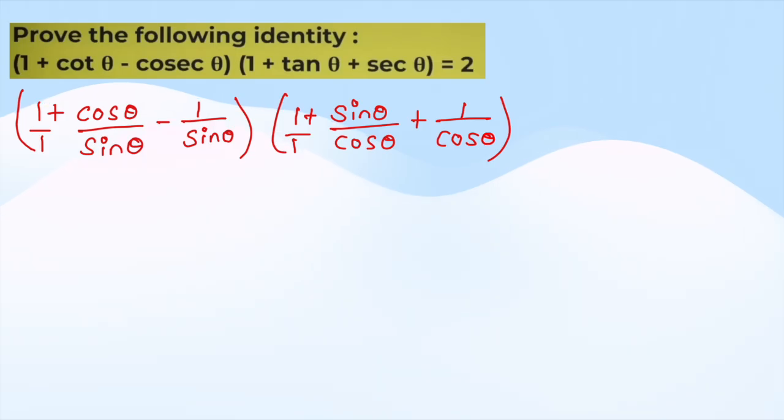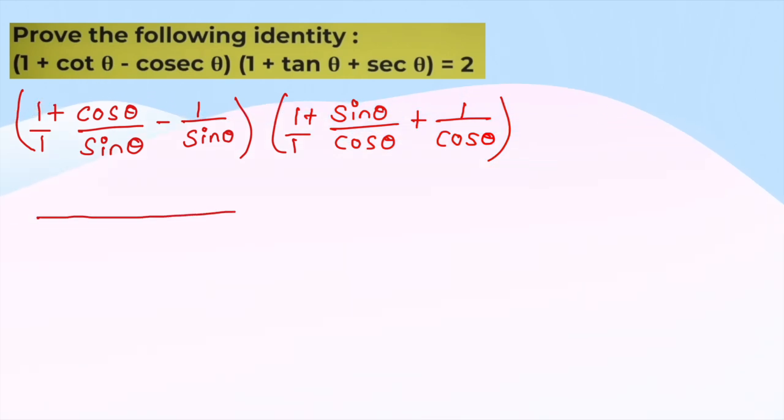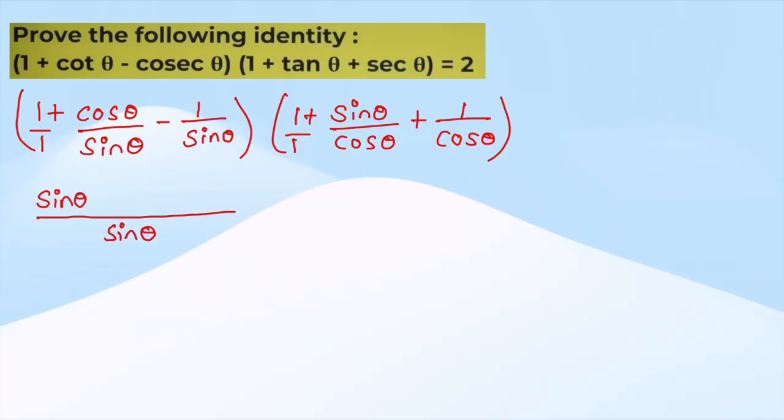This also 1 by 1. Now if I see the denominator, here the LCM of 1 and sine theta is sine theta. So I can write sine theta here. 1 is being converted to sine theta, means the numerator will also become sine theta. Now sine theta to sine theta, no change.